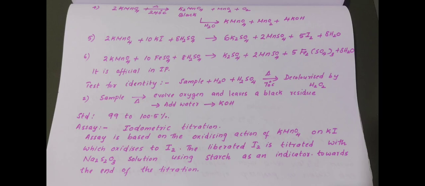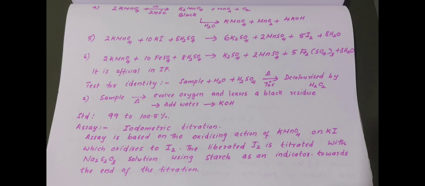It is assayed by the iodometric titration method. The assay is based on the oxidizing action of potassium permanganate on potassium iodide, which oxidizes to iodine. The liberated iodine is titrated with sodium thiosulfate solution using starch as an indicator towards the end of the titration.